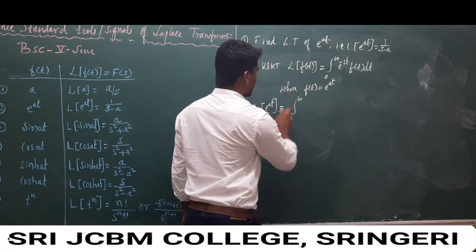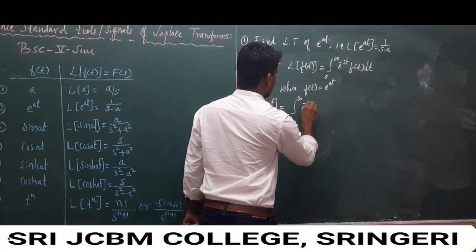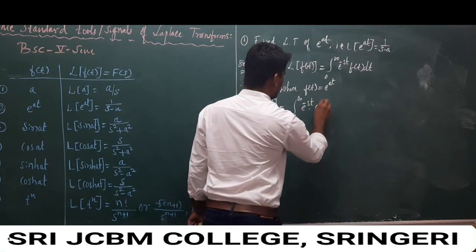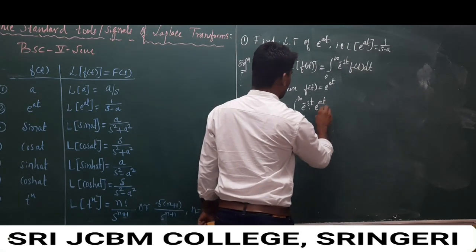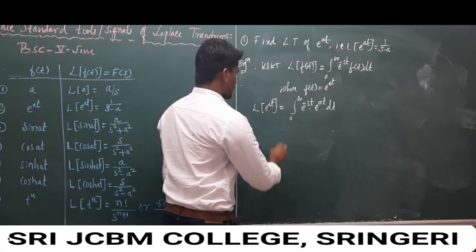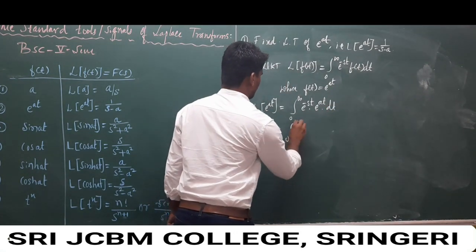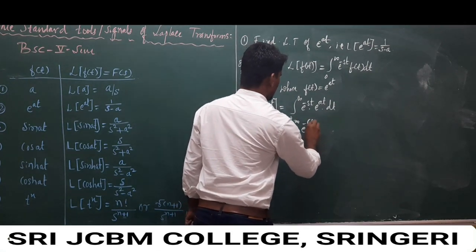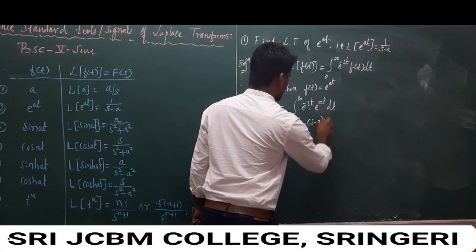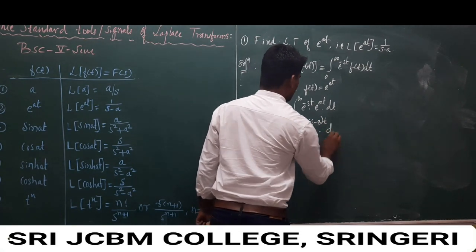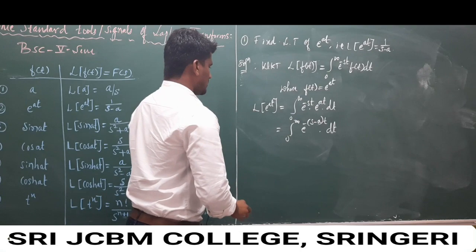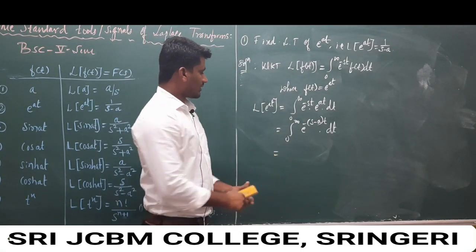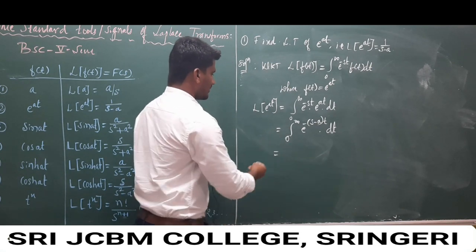So the Laplace transform of e to the power at is the integration from 0 to infinity of e to the power minus st, and our f of t is e to the power at, dt. Here take minus t common, so we get s minus a times t, dt. Now apply the integration of e to the power x.